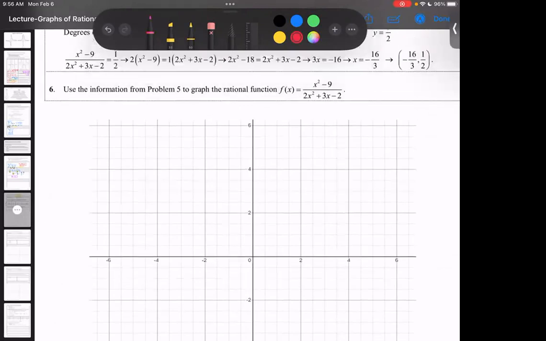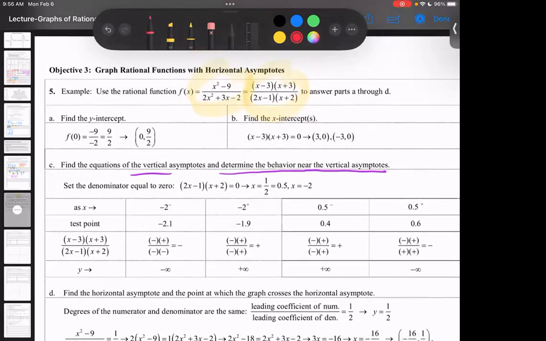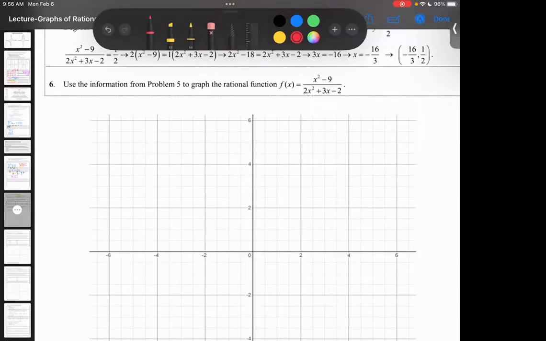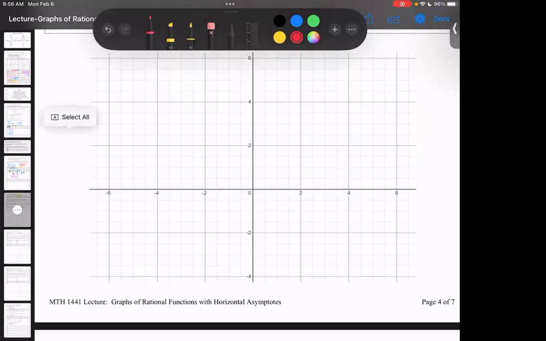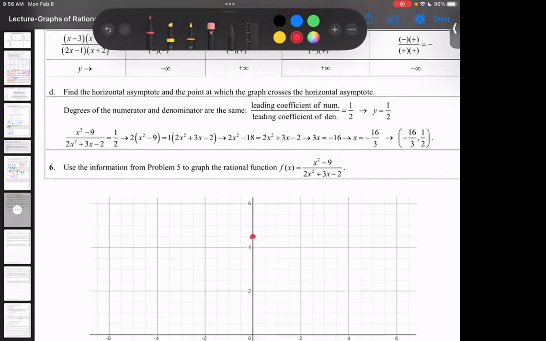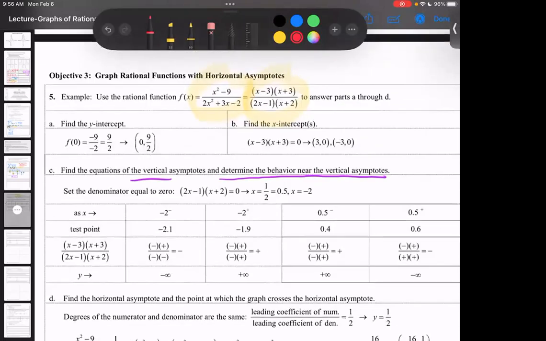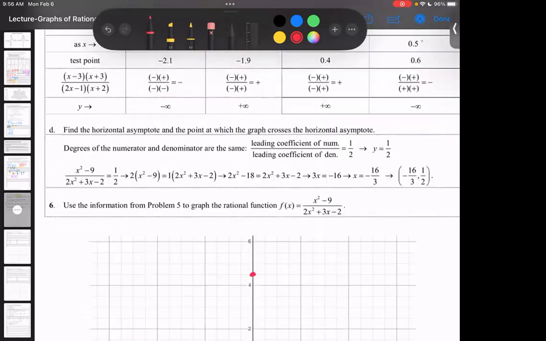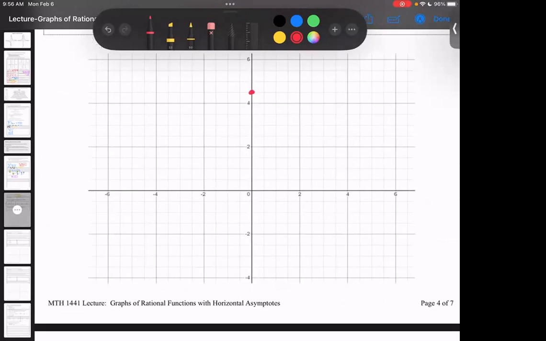I have (0, 9/2). 9/2 is the same thing as 4.5, so 4.5 is roughly here. Well, it's actually exactly there. For the x-intercepts, I have (3, 0) and (-3, 0). So 3 and negative 3.